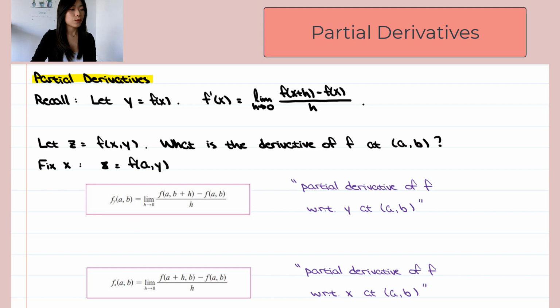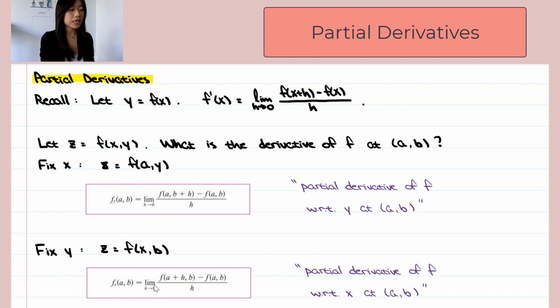Similarly, we can fix y. If I fix y, then the function becomes f of x and b. So b is the constant, the y coordinate of the point. So now the function is a function of x only. So I can use our definition of derivative from Calculus 1.